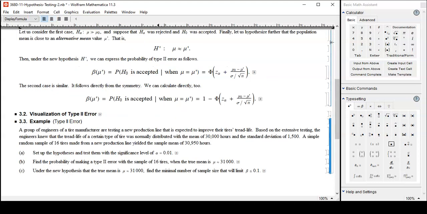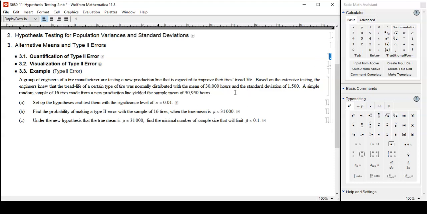Okay, here we go. A group of engineers of a tire manufacturer are testing a new production line that is expected to improve the tire's tread life. Based on extensive testing, the engineers knew that the tread life of a certain type of tire was normally distributed with a mean of 30,000 hours and standard deviation of 1,500 hours.